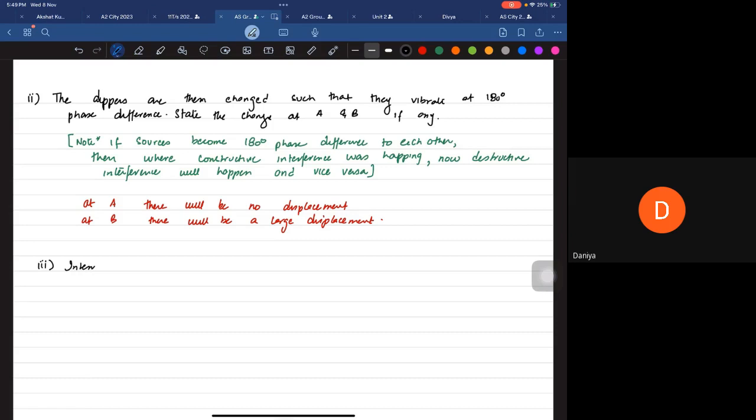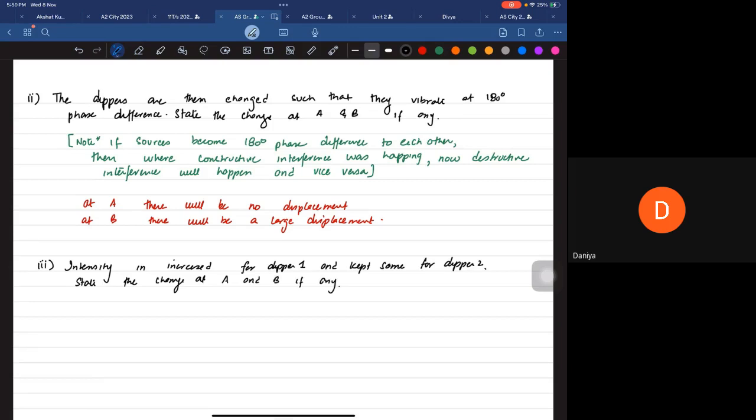Now it says that intensity is increased for dipper 1 and kept same for dipper 2. State the change at A and B, if any.